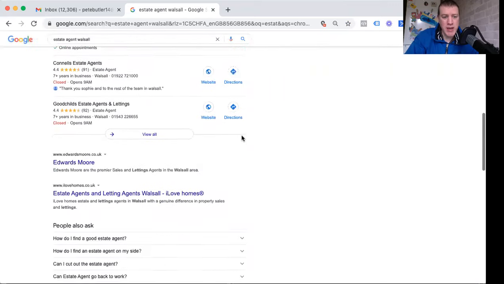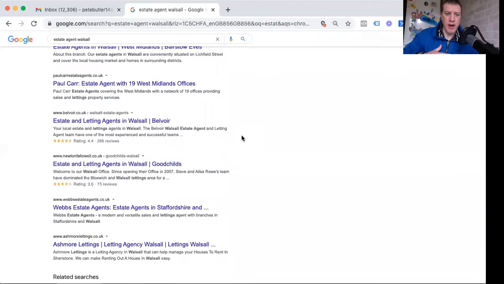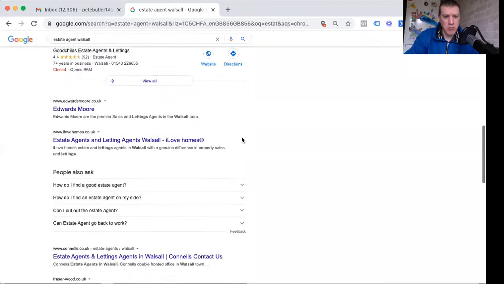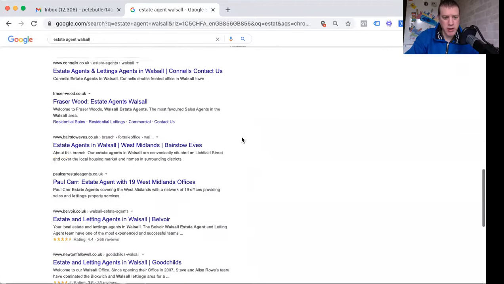Whereas here, it does take a few months to go through, and optimizing, backlinks are very important. Blogging is very important. So you need to have a content strategy, and it can be quite slow in terms of the speed of results. Here, you can be at the top of Google in terms of hours. You can be here in terms of months. So look at it monthly if you're going to do it this way.